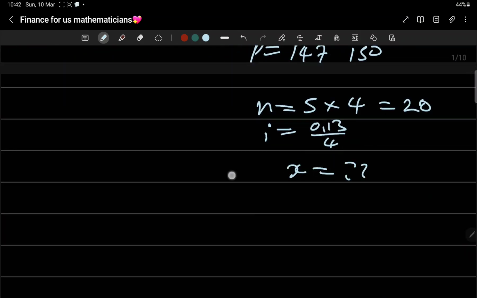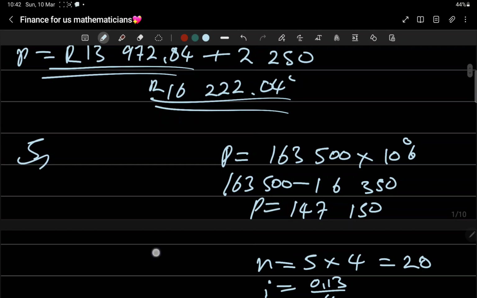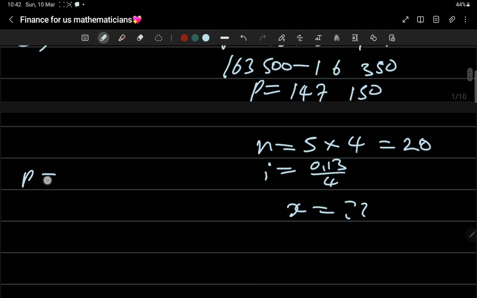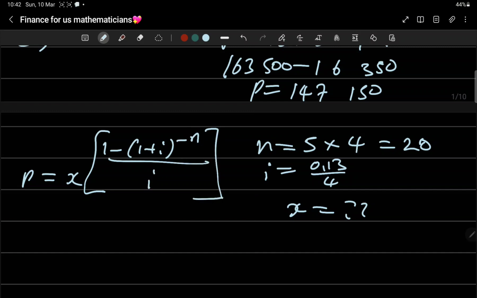Okay. Then the formula P equals X, open up 1 minus 1 plus I to the negative n, close, over I. Not P, sorry. We have P. Let's make X the subject.